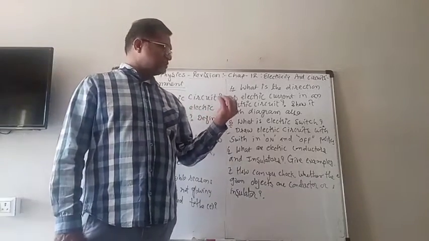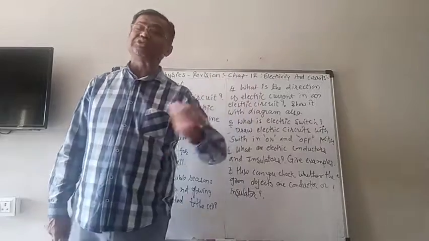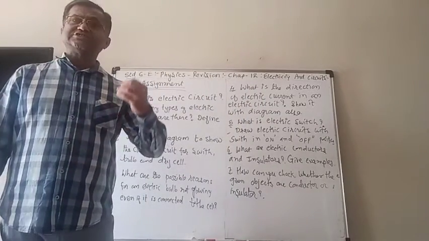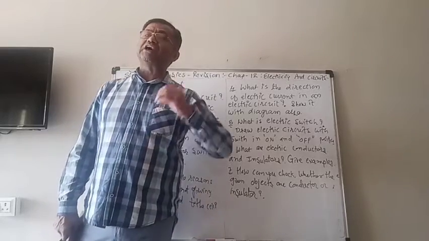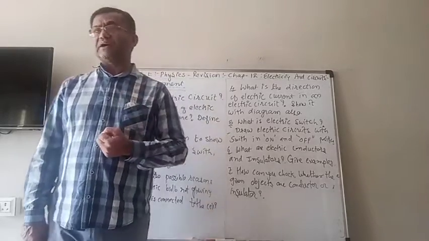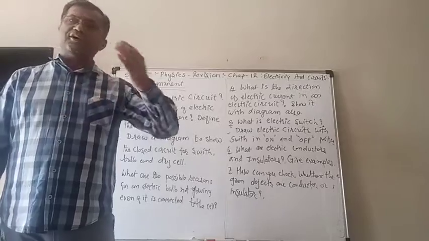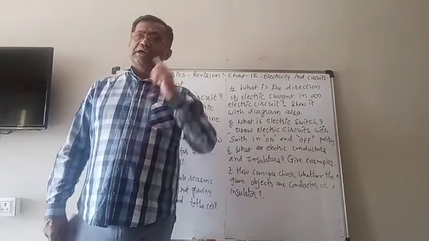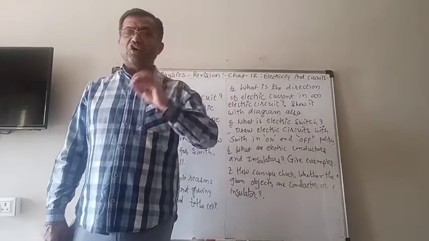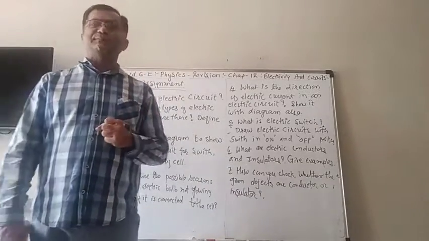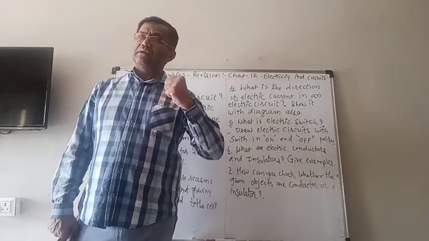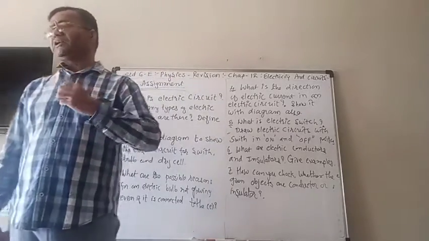Now the next question will be, what is an electric switch? An electric switch is a device by which we can control the flow of the current with on or off position. If you put the switch in the on position, then the circuit will be completed and the current will flow in it.